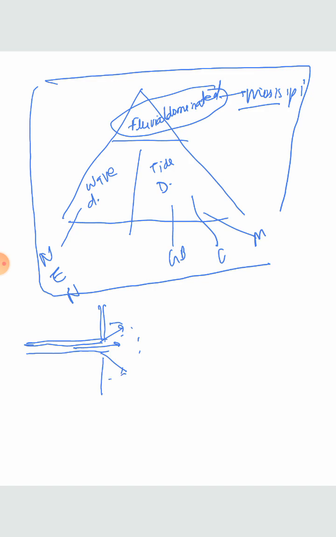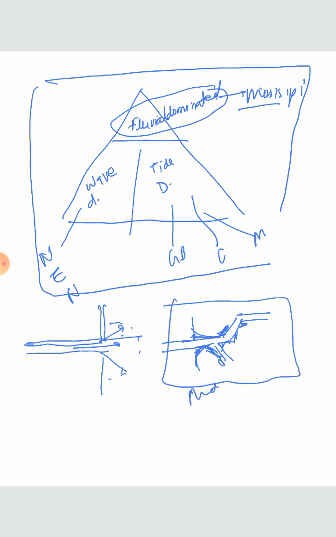First it will deposit like this, and then new channels will get created, and at that point it will start depositing. You must have seen the Mahanadi system. A lot of rivers get created, subsidiaries, when the slope goes down and the delta flood gets created nearby.